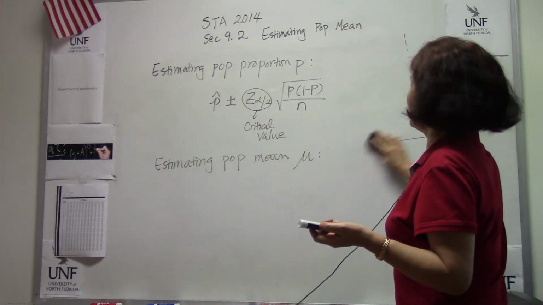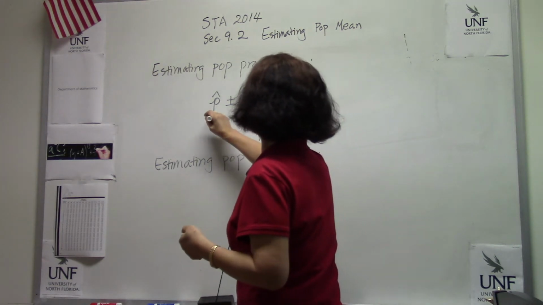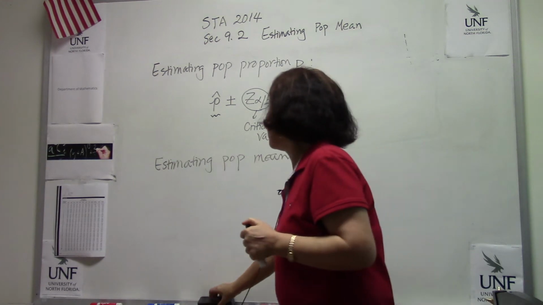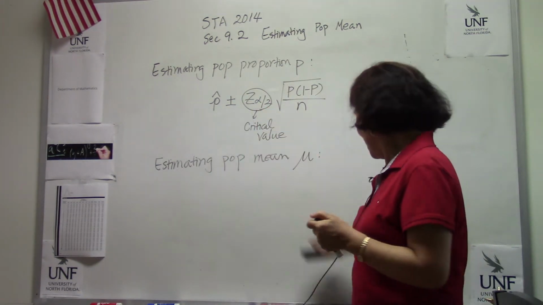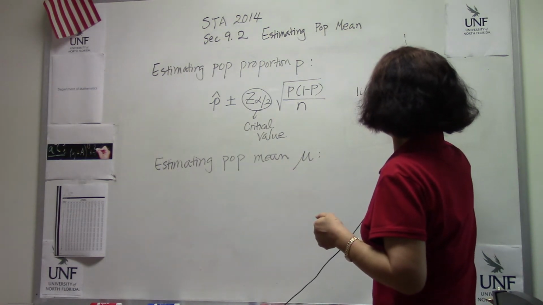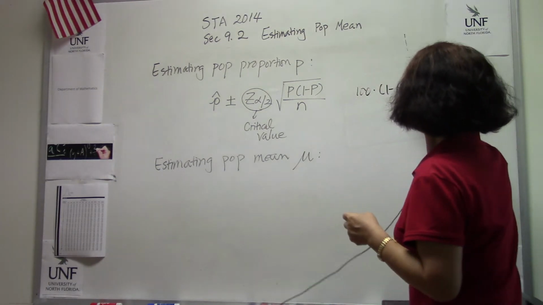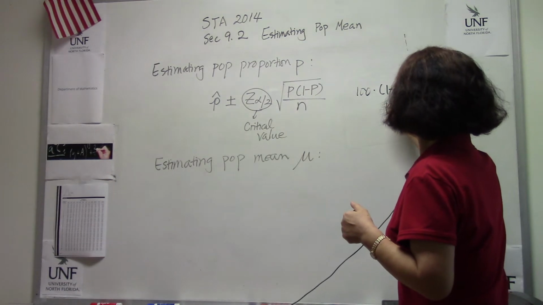We estimated the population proportion p, and we started from this known statistic p hat for sample proportion, and then plus minus z sub alpha over 2, and over here 100 times 1 minus alpha percent, that is the level of confidence.